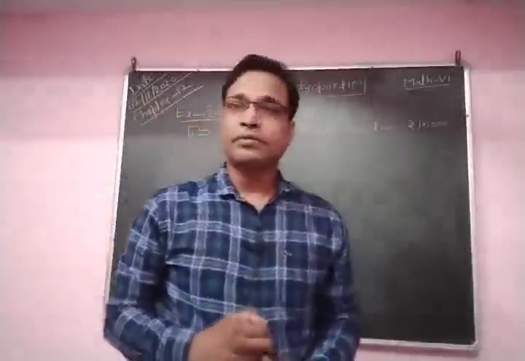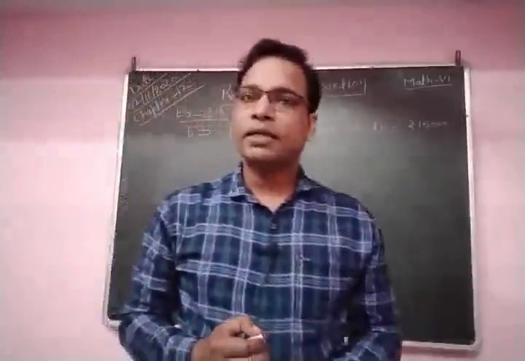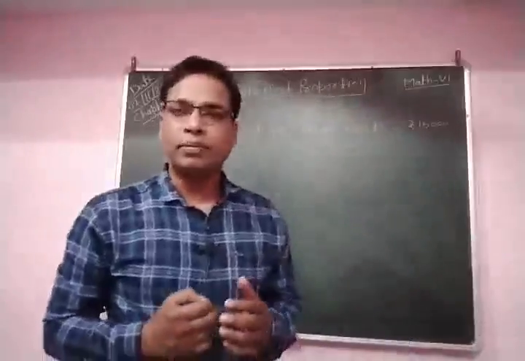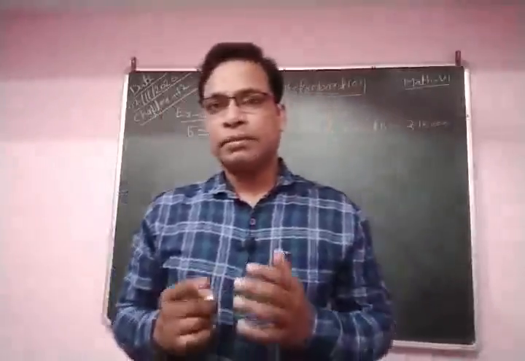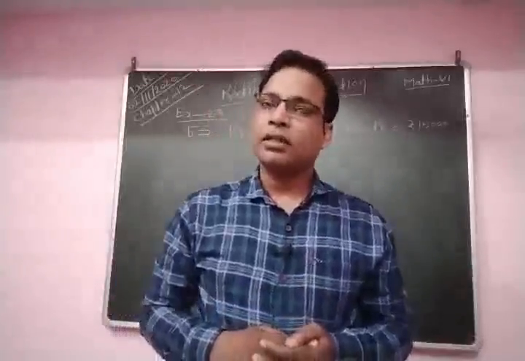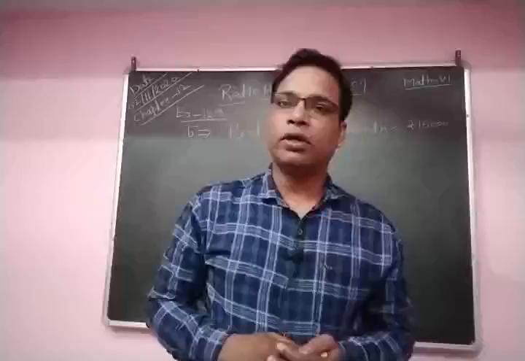This is given. Now we need to find the rent for 1 month. So how do we find the rent for 1 month? You can see here the rent for 3 months is given, 15,000. If you divide 15,000 by 3, then we obtain the rent for 1 month.